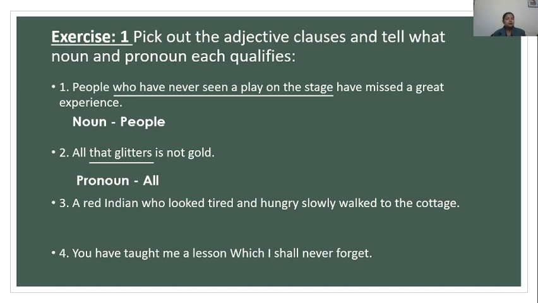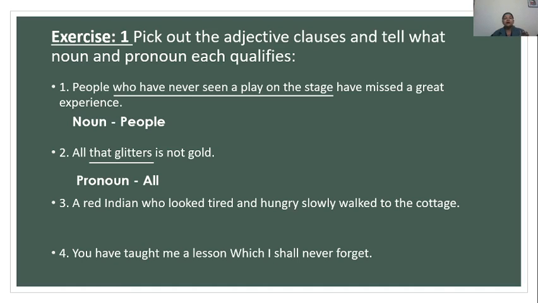Now let's come to the third sentence. A red Indian who looked tired and hungry slowly walked to the cottage. First of all, we need to learn how many clauses are used in this sentence, children. A red Indian who looked tired and hungry is the first part. Slowly walked to the cottage is the second part. Clear?